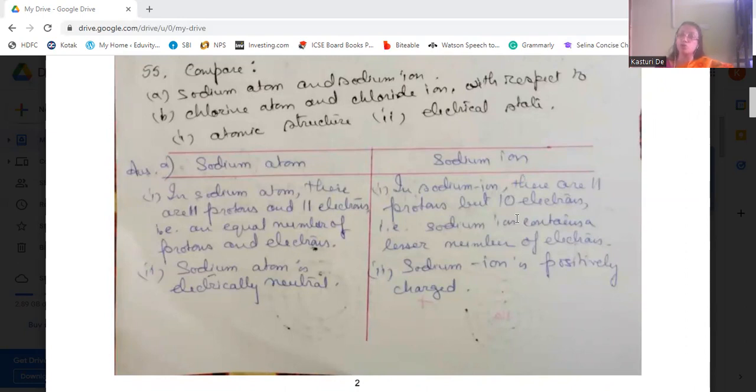Protons are positive charge, and electrons are negative charge. So 11 protons means there should be 11 electrons to nullify the charge, to make it neutral. But the sodium ion has 10 electrons. So one positive charge is extra, and therefore the sodium ion is positively charged.